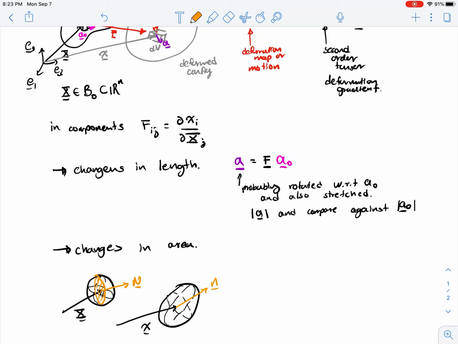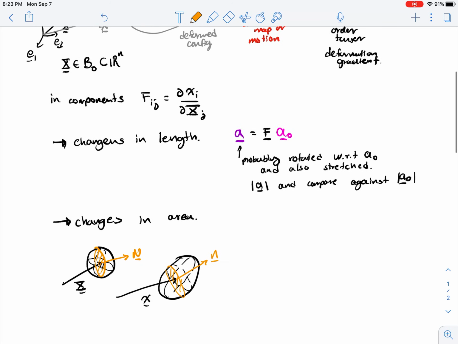When I apply the F to that normal, I'm going to end up with another vector which is not necessarily unit length. So let's say that this original normal is unit length. I'm going to end up with another normal that is not necessarily unit length, and that defines this other plane, right?